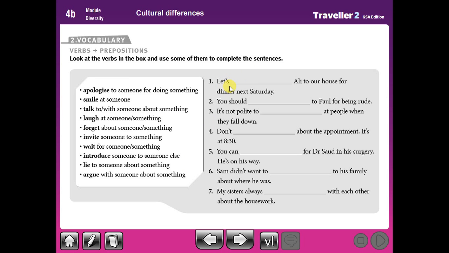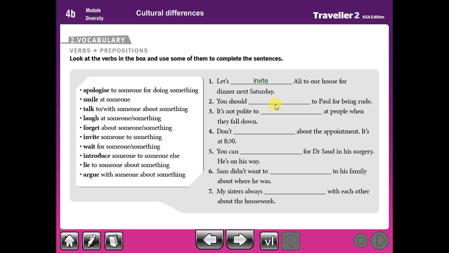1. Let's invite Ali to our house for dinner next Saturday. 2.